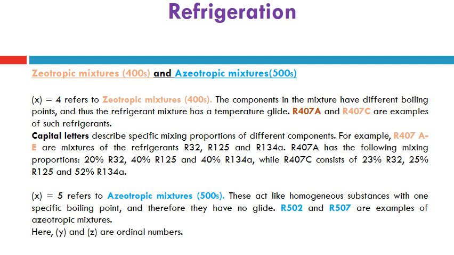For example, R407A has the following mixing proportions: 20% of R32, 40% of R125 and 40% of R134a, while R407C consists of 23% of R32, 25% of R125 and 52% of R134a.